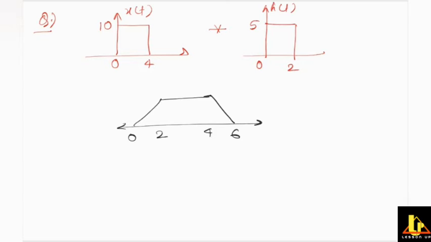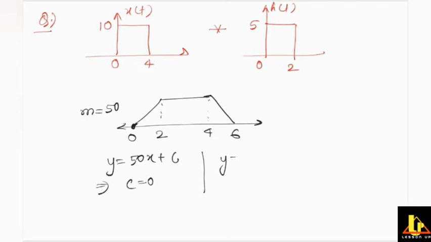Now the slope m will be 10 into 5, that is 50, and y is equal to 50x plus c, and if initially x is equal to 0, y is also equal to 0 at this point. Okay, so c will be equal to 0.